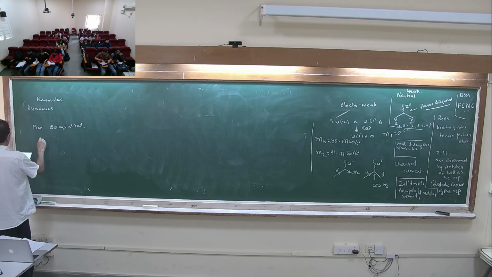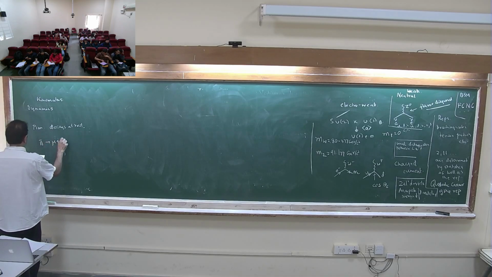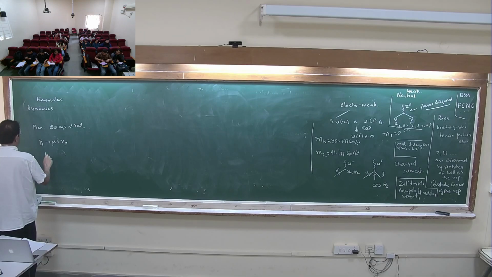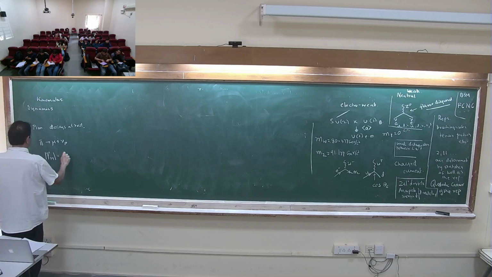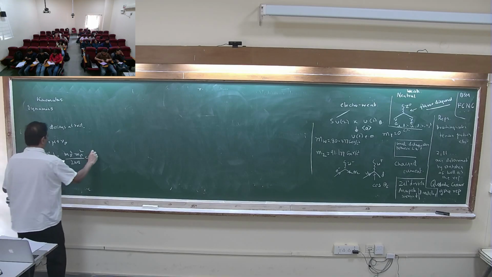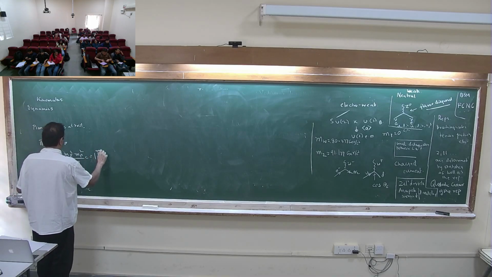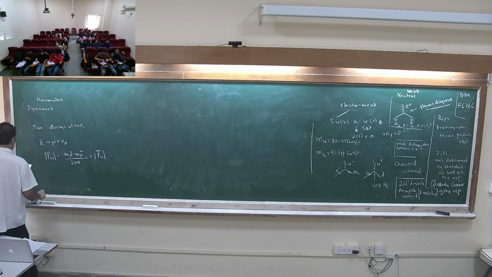So the pion goes to muon plus neutrino, and we know that the magnitude of the momentum of this muon is (m_pi^2 - m_mu^2) divided by 2 m_pi, which is obviously also the magnitude of the momentum of the neutrino, and the energy of the muon.